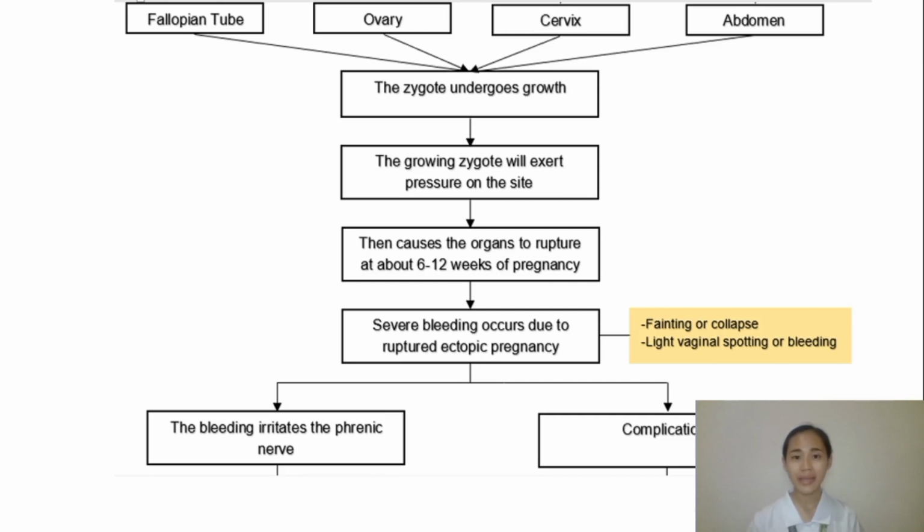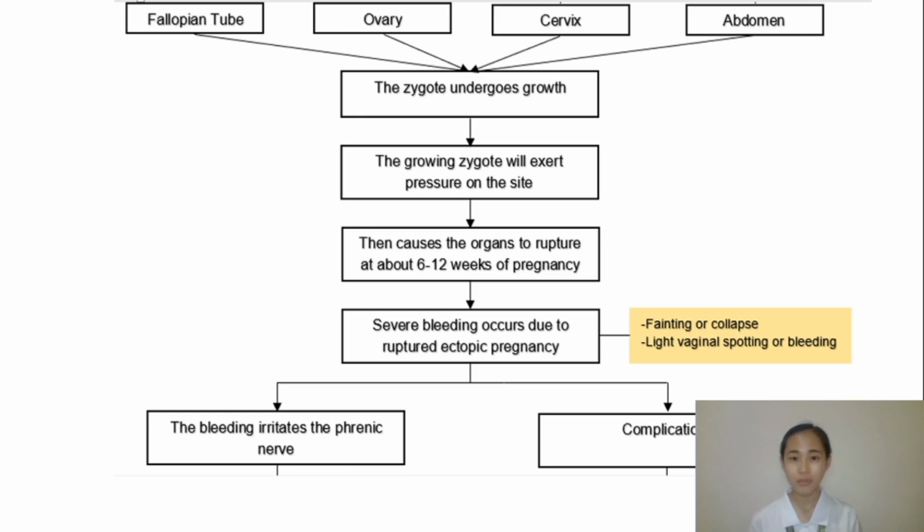This growing zygote will then exert pressure on the site. We all know that these sites outside the uterus are not capable of expanding. Thus, an untreated and undiagnosed ectopic pregnancy at weeks 6 to 12 will cause a rupture.